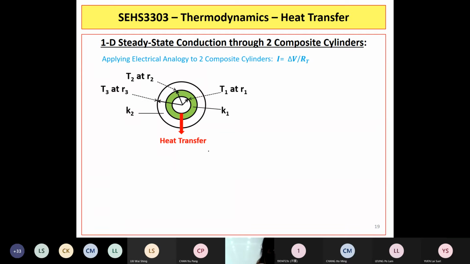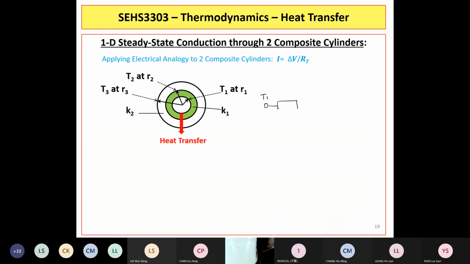So first, let's sketch out the heat transfer circuit diagram. We have T1 at the inner surface, the higher temperature.